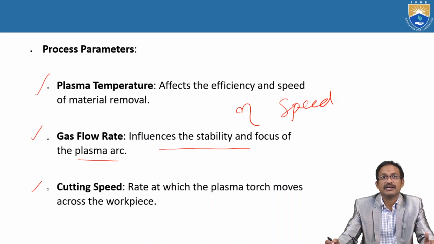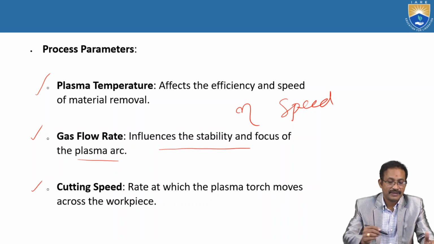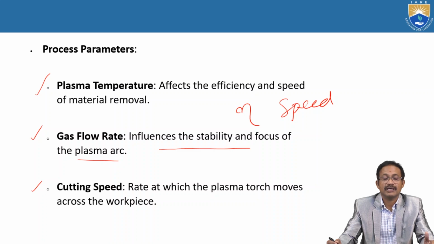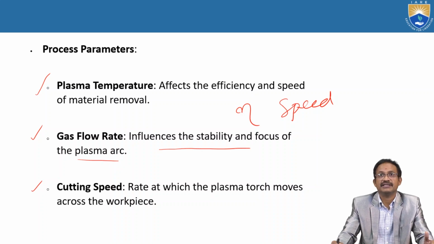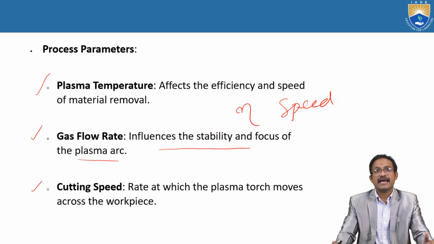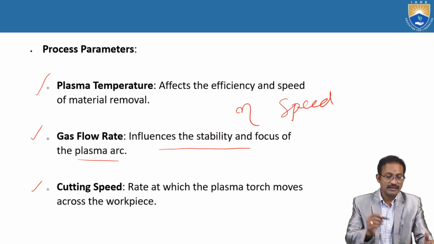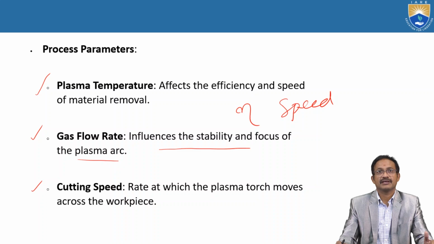Plasma temperature affects the efficiency and speed of material removal. Gas flow rate influences the stability and focus of the plasma arc. Third one, cutting speed, the rate at which the plasma torch moves across the workpiece.